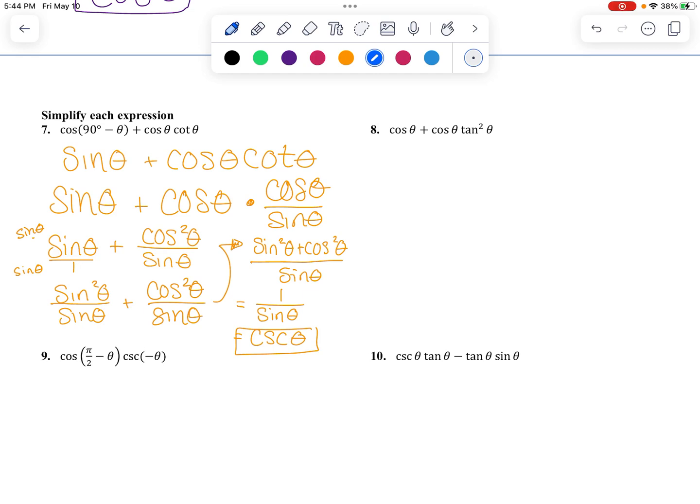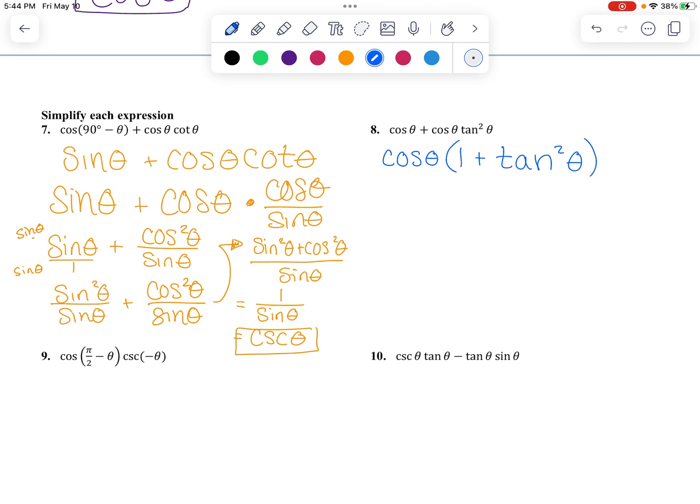I don't have any algebra I can do. I'm not adding fractions. Ooh, but I could factor. There's a cosine on both of them. I can factor out a cosine. It would leave me with 1 plus tangent squared theta.